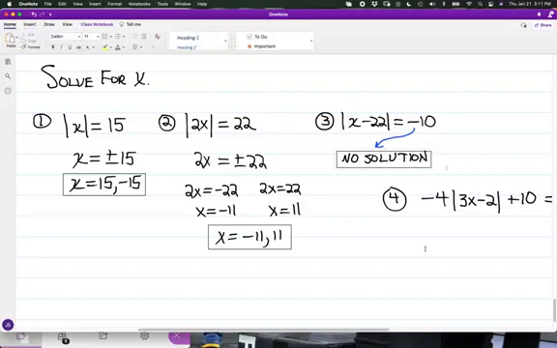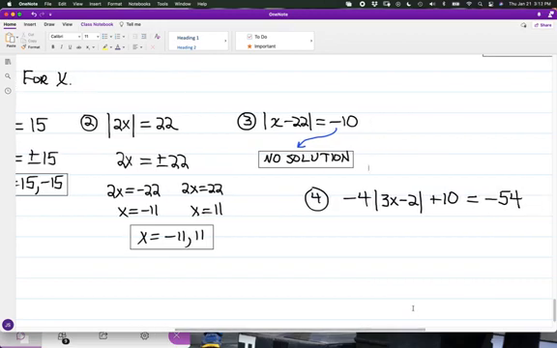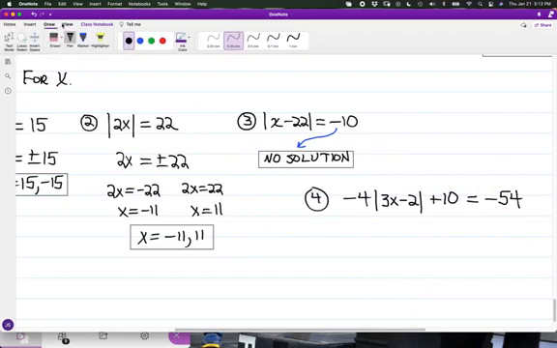Now, for the fourth item, we have an absolute value equation, and again, in terms of getting the absolute value of 3x minus 2 by itself, here we have a couple of obstacles to remove. One is going to be 10, which is added, and so we're going to subtract.